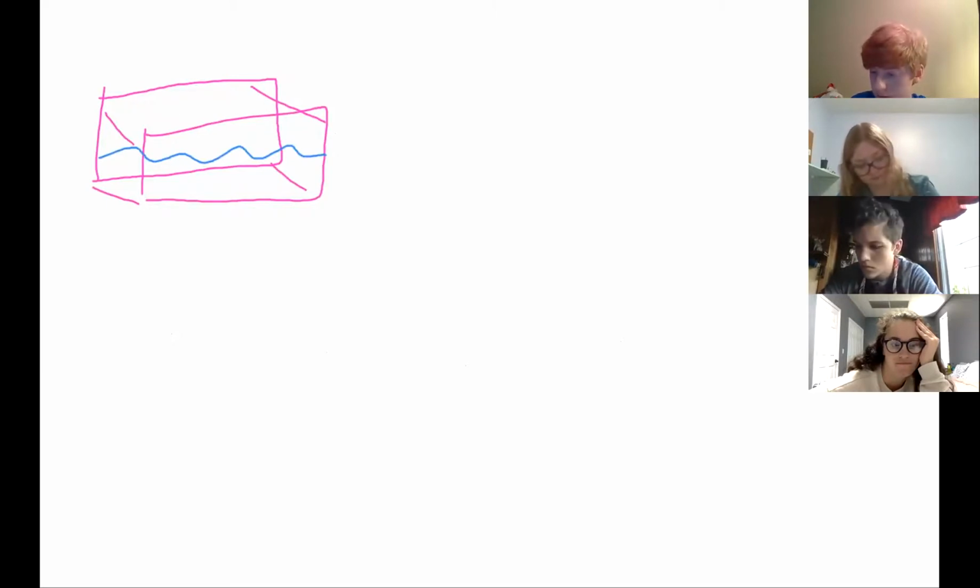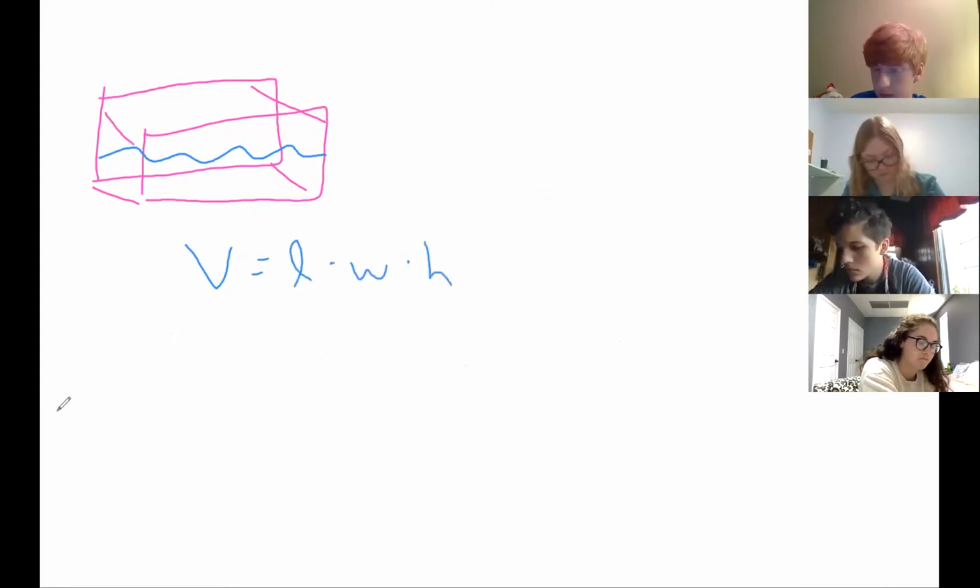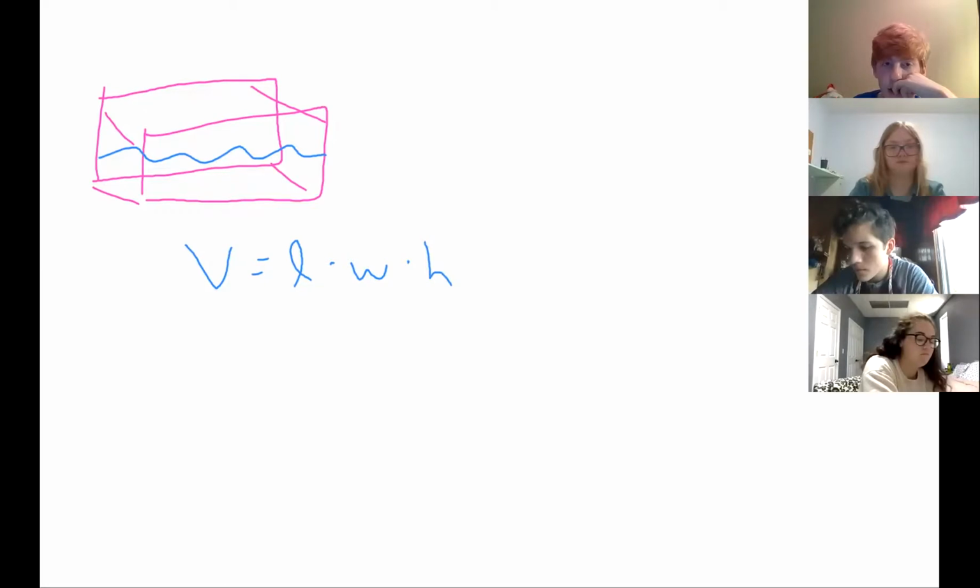And so it wants to know the rate of change. And so this is one of those that we're going to go in and set up. My volume of this one would be the length times the width times the height, because it wants to know the rate of change in the tub at t = 6.